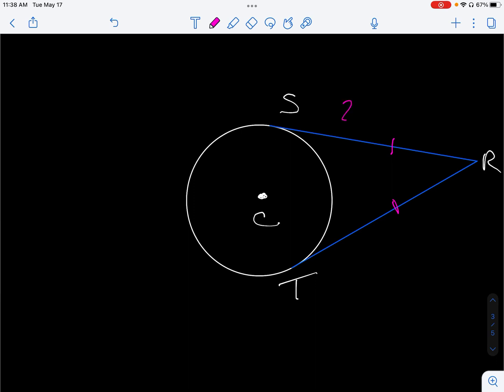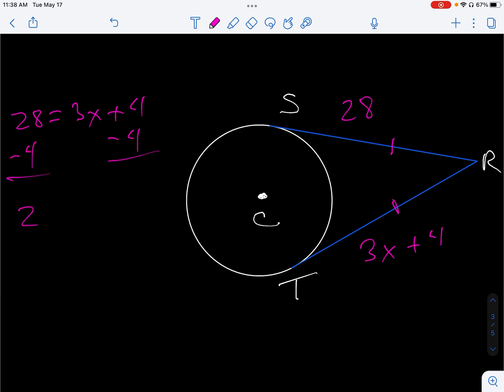So how does that help us? If we know that this is 28 and this is 3x plus 4, well, 28 equals 3x plus 4. Then we go through our algebra, and 24 equals 3x, and x equals 8. So we can find x that way.